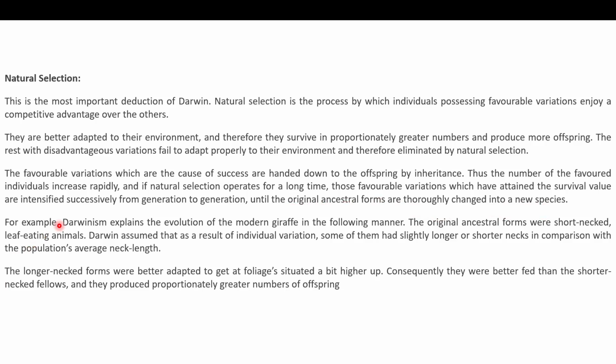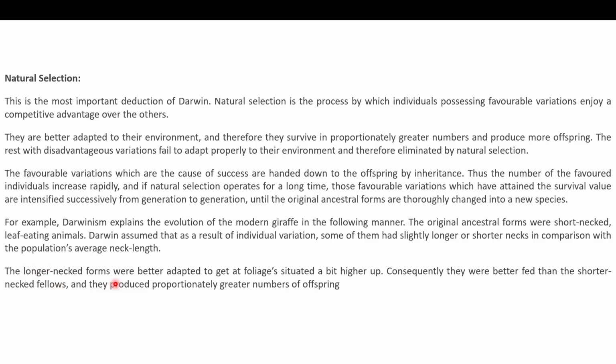until the original ancestral forms are thoroughly changed into a new species. For example, Darwinism explains the evolution of the modern giraffe in the following manner. He says that the original ancestral forms were short-necked, leaf-eating animals. Darwin assumed that as a result of individual variation, some of them had slightly longer or shorter necks in comparison with the population's average neck length.